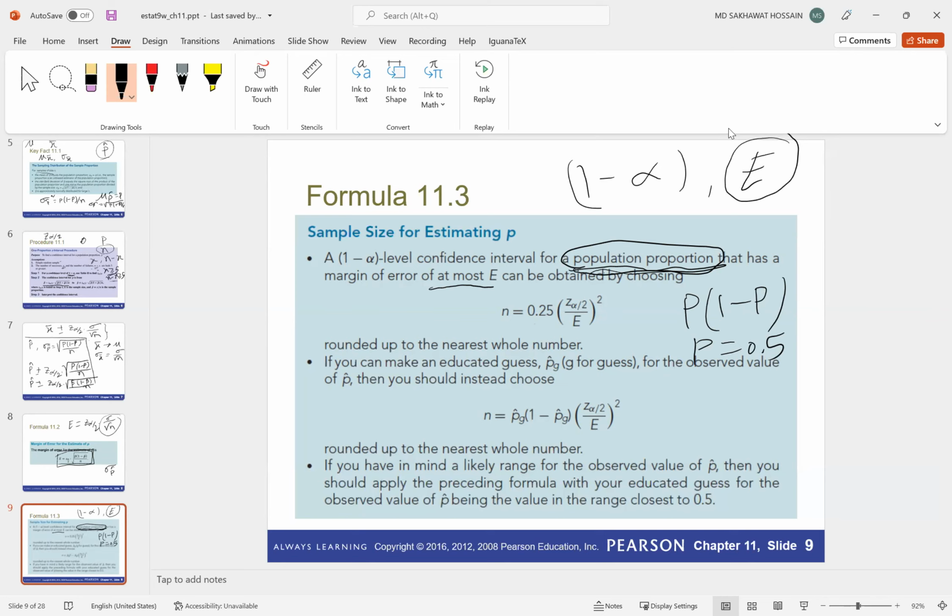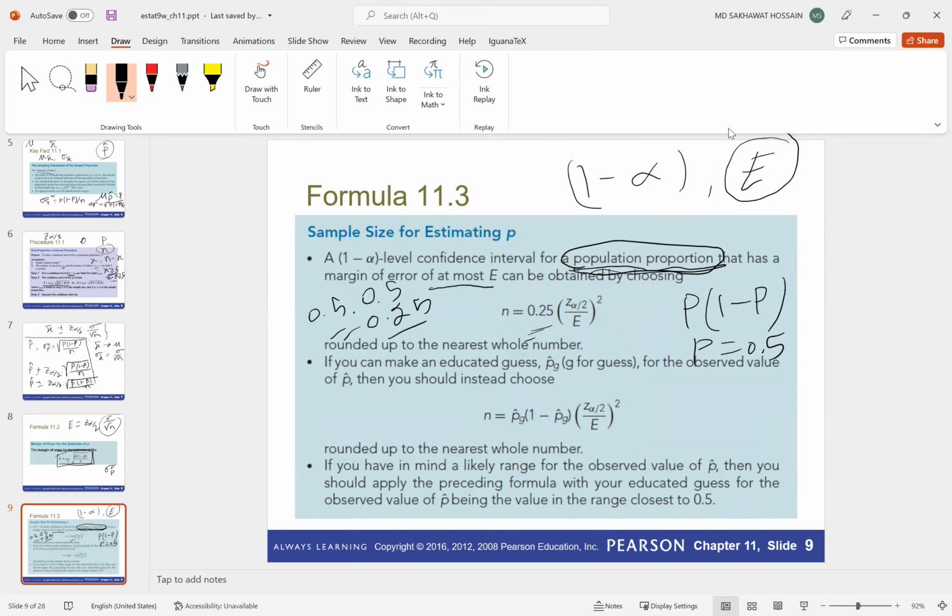So that's when you consider the proportion of success is 0.5 and the proportion of failure is also 0.5. So equal proportion. If P is equal to 0.5, then 1 minus P will also be 0.5. So that's 0.5 times 0.5, which is 0.25. So that's why we have 0.25 here.